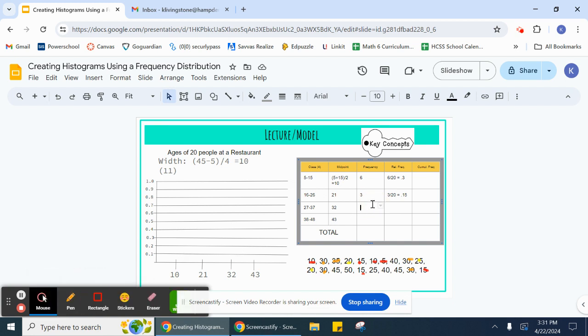And I am realizing here that I actually missed a 25 in the previous class. So we're going to up that to 4. 4 out of 20 would be 0.2, because I missed that 25. So let me cross that off in yellow. That's why we go slow.